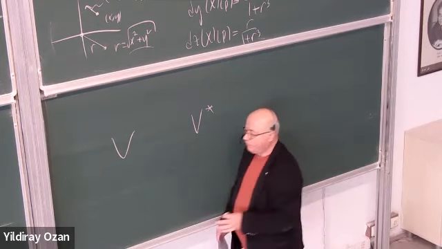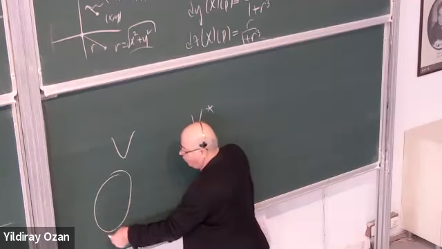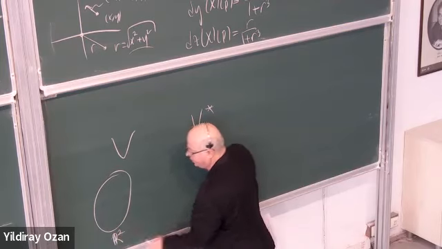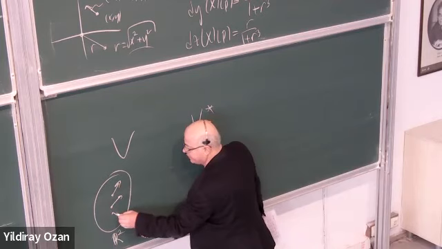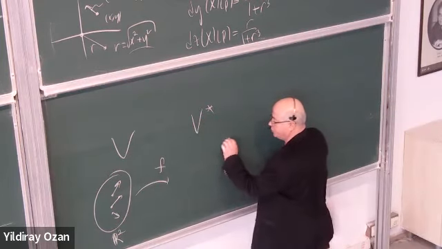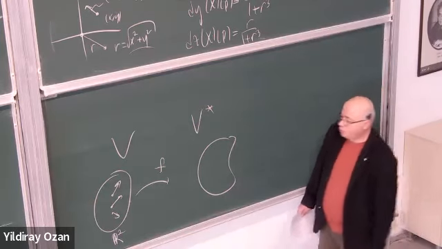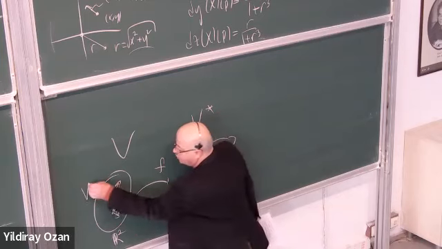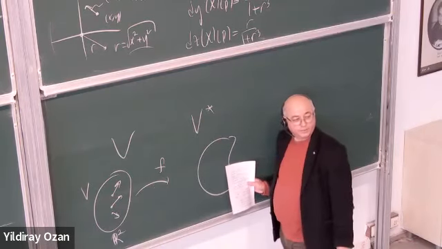Why is that? Suppose you have a vector field on a region like this. At each point, you have a vector like this, and you have a function, and you map this region into some other region, and then you would like to send your vector field using this f over here.